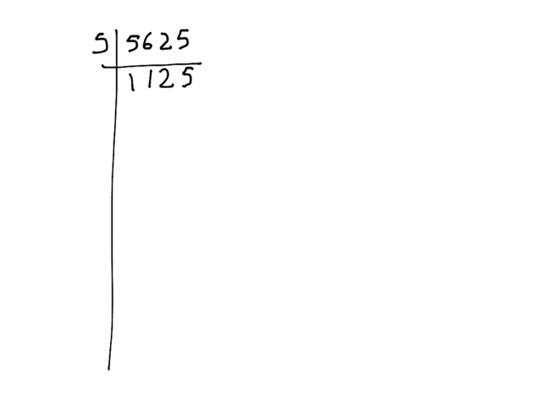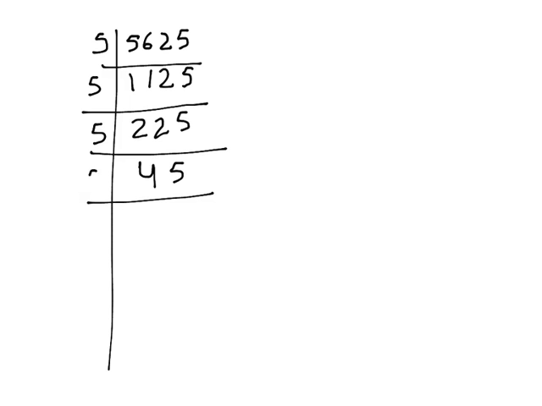A number that ends with 5 is always divisible by 5, so the smallest divisor is 5. Dividing 5625 by 5, we get 1125. Again dividing by 5, we are left with 225. Then again we divide by 5.